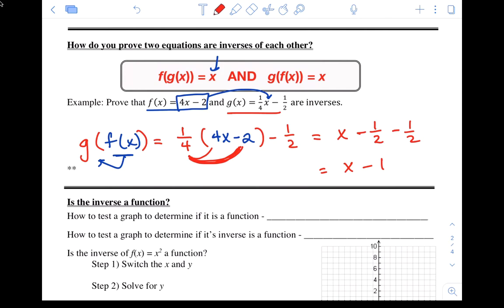So again, this is showing that these graphs are not inverses. If that would have been a positive 1/2, you would have had just x. But it's not. So no inverses. Sorry, moving on.